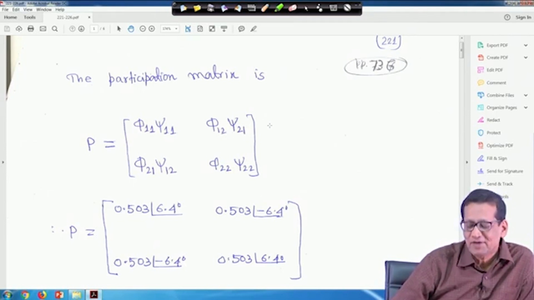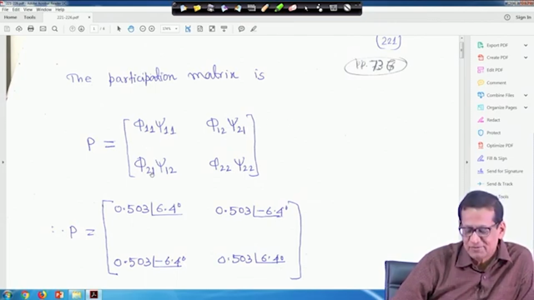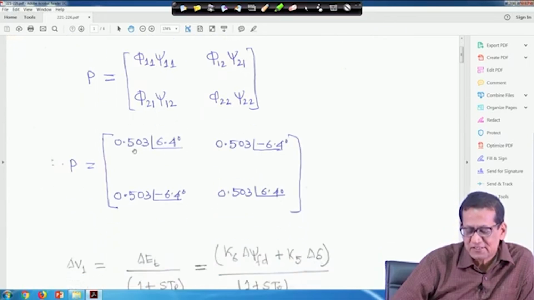If it is a 3 into 3 matrix, that will be phi 1 3 psi 3 1, like this, and here it will be phi 2 1 psi 1 2 and phi 2 2 psi 2 2. So, phi and psi matrix elements are known, just multiply, and P will get 0.503 angle 6.4, 0.503 angle minus 6.4, 0.503 angle minus 6.4, here also 0.503 angle 6.4.